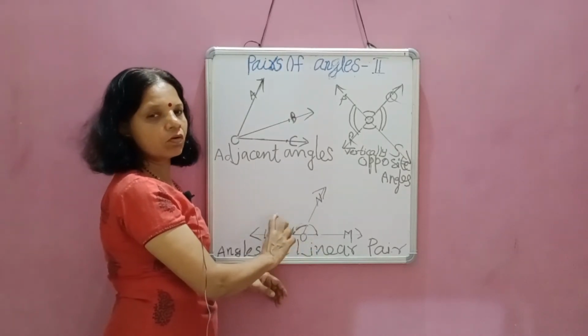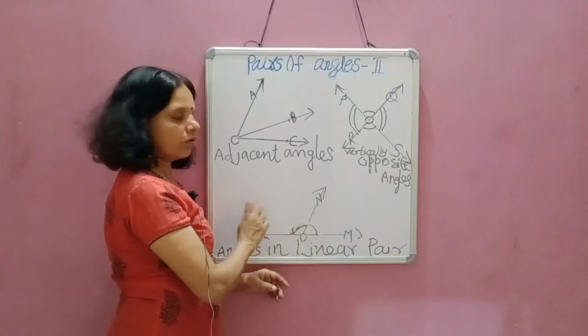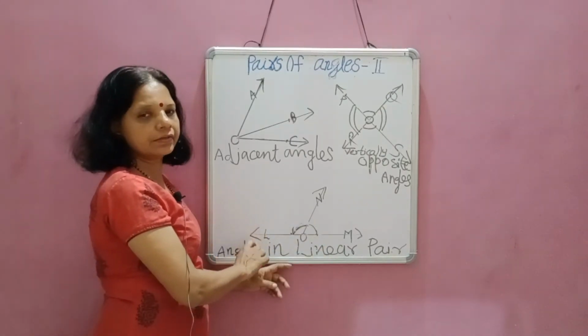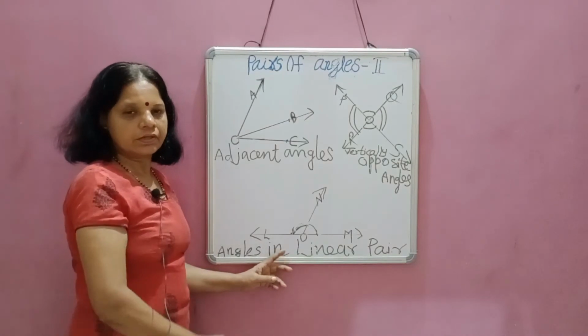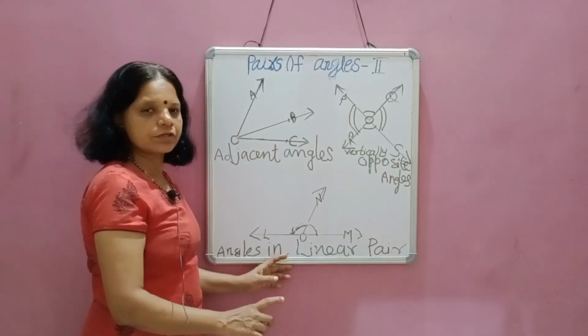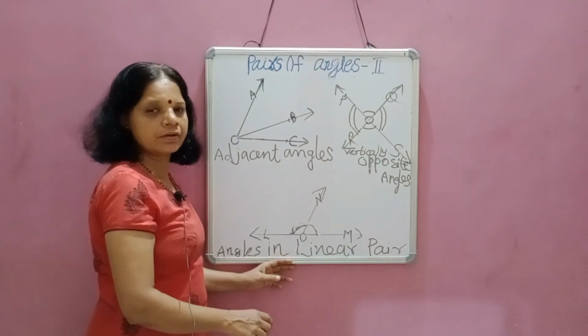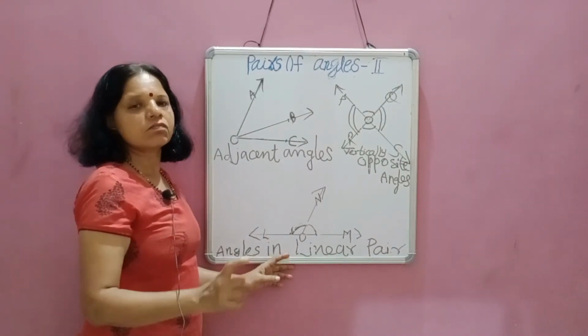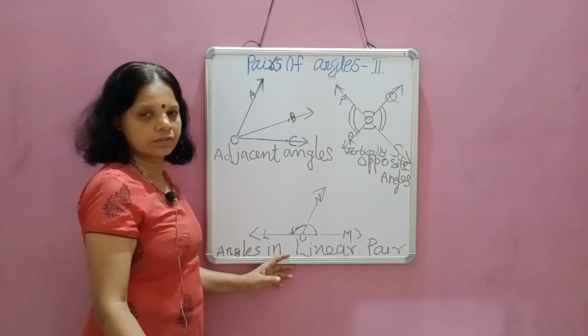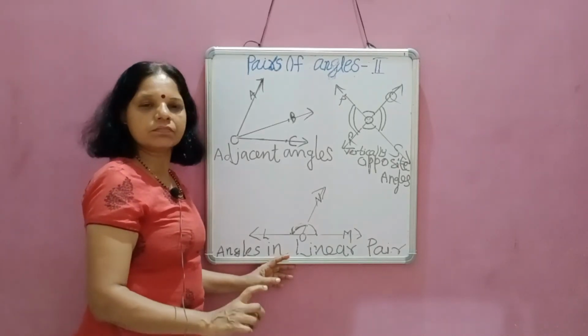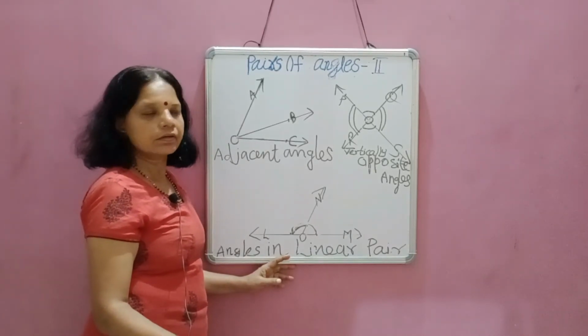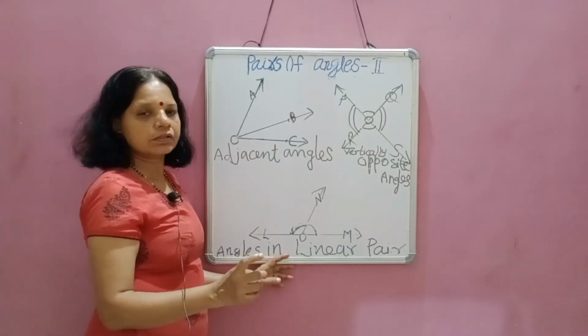Their sum will always be 180 degrees. Clear? The sum of the measures of angles in linear pair is 180 degrees. If the sum is 180 degrees, what are they called?